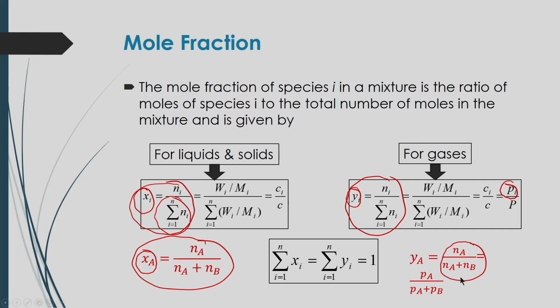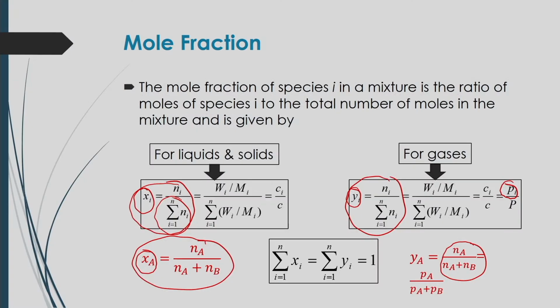Similarly, consider a binary mixture like carbon dioxide and hydrogen gas. If you know that the moles of carbon dioxide is 70 moles, whereas hydrogen gas is only 30 moles, the total is 100 moles.